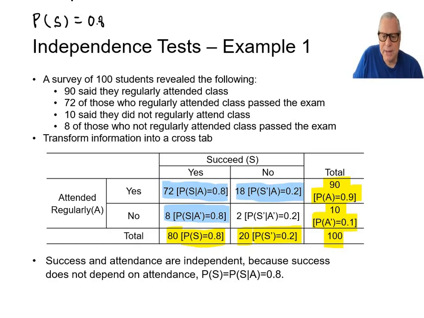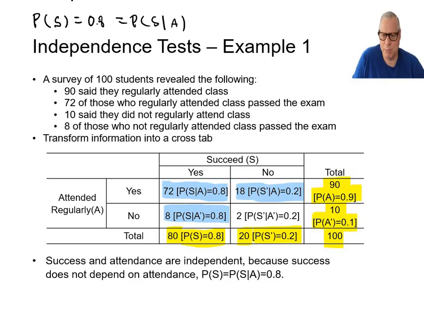And the probability of success given that they attend is also 80%. So it doesn't really make a difference whether somebody attends or not.